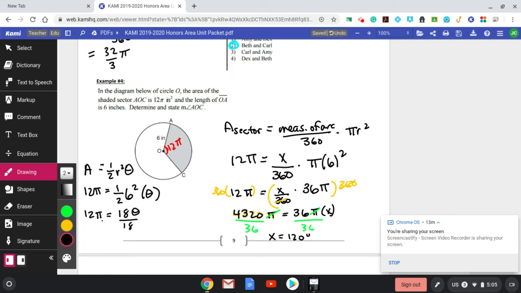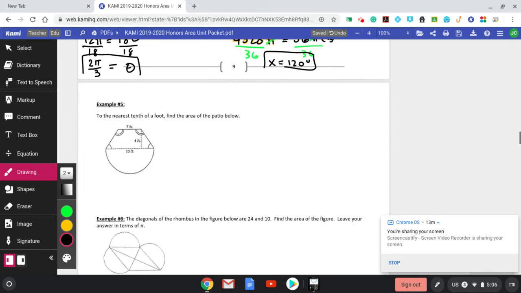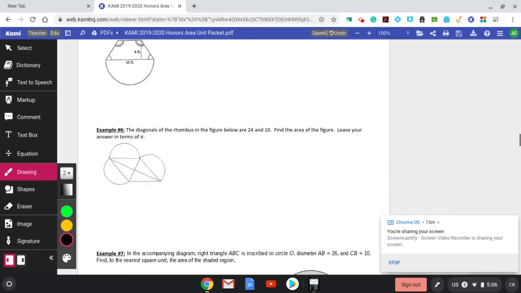Divide both sides by 18. Theta would equal, reducing 12 over 18, 2 pi over 3, which is in radians, and that's equal to 120 degrees. Look at that. Either way would have worked there because it doesn't specify what type of unit to leave it in. Whew.